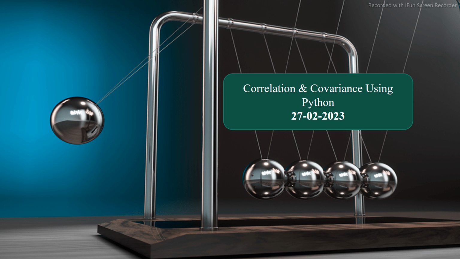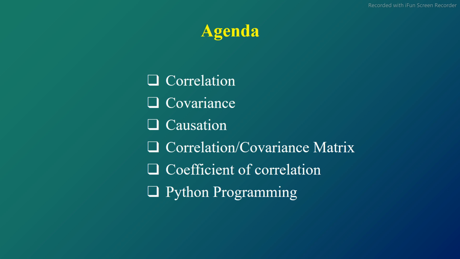Coming to this correlation and covariance, we will try to cover obviously the causation part as well. Causation is not in your syllabus, but at least you should understand what is causation, because correlation and causation.